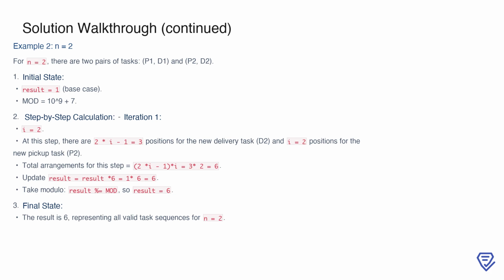When i equals 2, there are 3 positions for the new delivery task, D2, and 2 positions for the new pickup task, P2. Multiplying these gives us 6 possible arrangements for this step. We then multiply this by the current result, updating it to 6. After taking the modulo, the result remains 6. At the end of this process, we determine that there are 6 valid sequences in total for n equals 2.